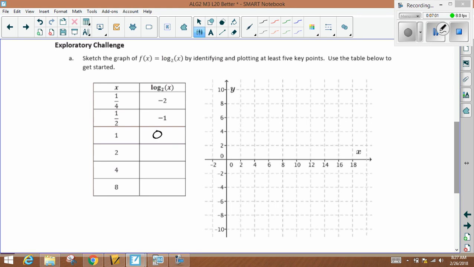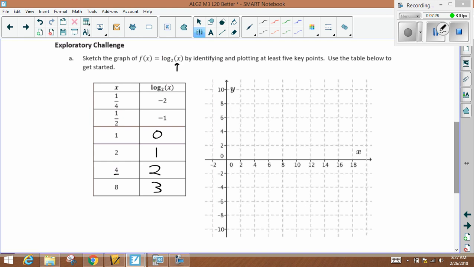I'm plugging all these values in there. Log base 2 of 2 is the same thing as saying 2 to what power is 2? 1. Log base 2 of 4, right? 2 to what power is 4? 2, so then this must be 3 as well, right?